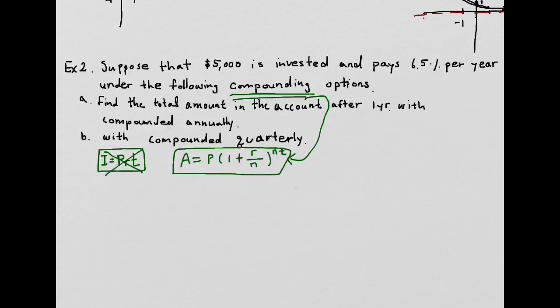We're not using simple interest because your principal will stay the same. Compounding is going to be principal changing. Part A is find the total amount in the account after 1 year with compound annually. This means you're going to recalculate your principal every year. So then let's look at A.